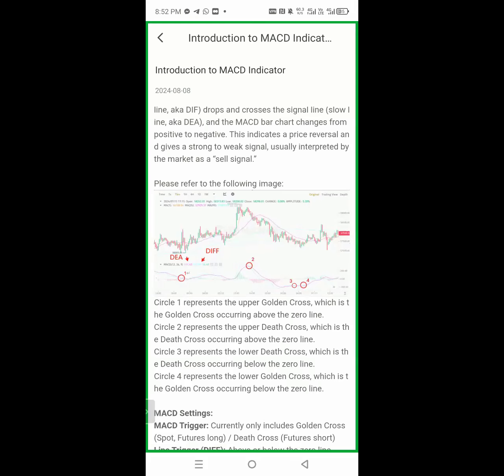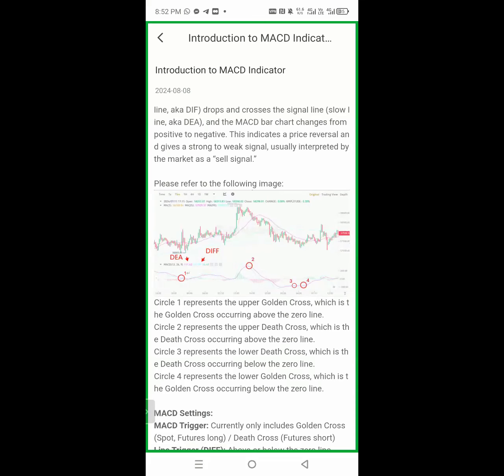You can see the MACD line, which is the light blue, from up, it now crosses the purple, that is the slow line. Now it crosses down, and it happens at the top. So we call that one the upper death cross. You understand? When the MACD line is dropping from up to down, we call it death cross.